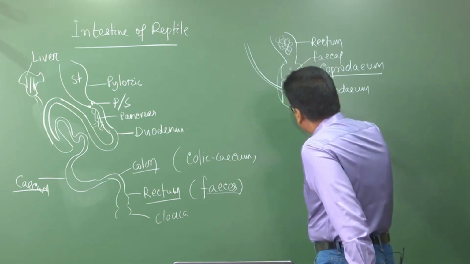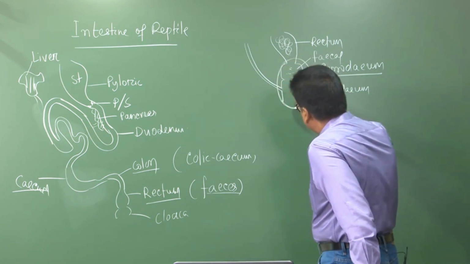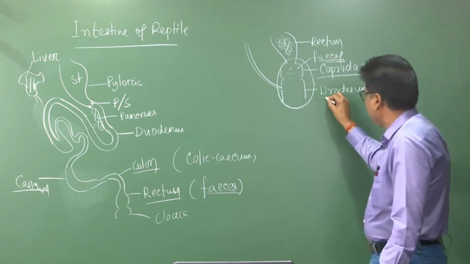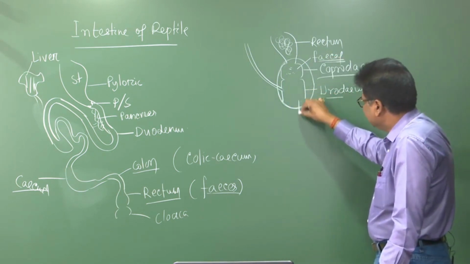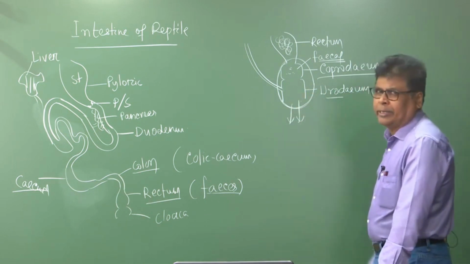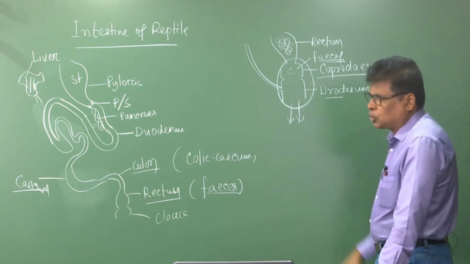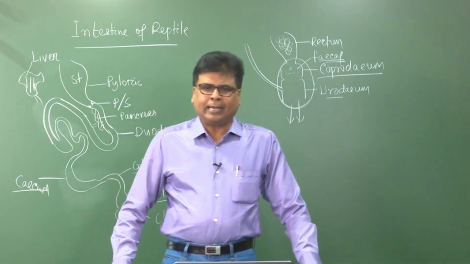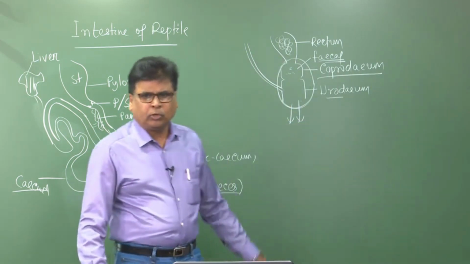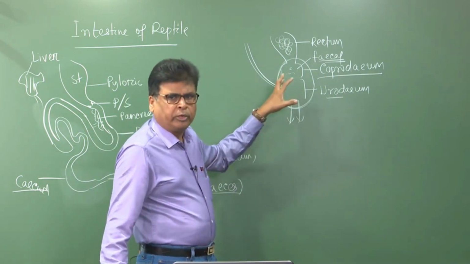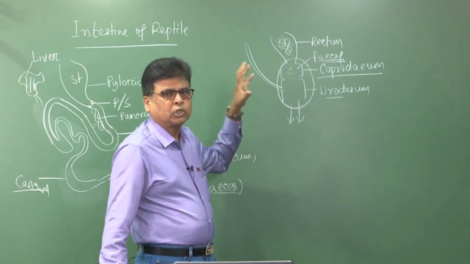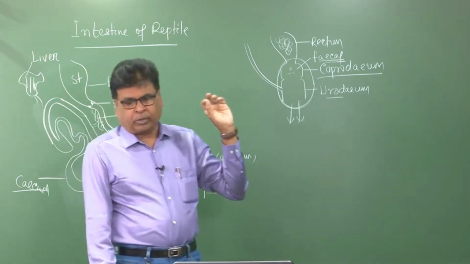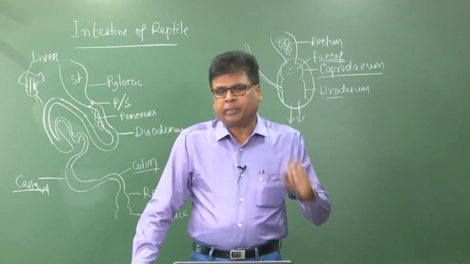The whole cloacal chamber is concerned with the elimination of the fecal material, and the elimination of the genital material and the urine. This part is concerned with the elimination of urine and the genital material, the urinogenital function, and this part is meant exclusively for storing the fecal material.